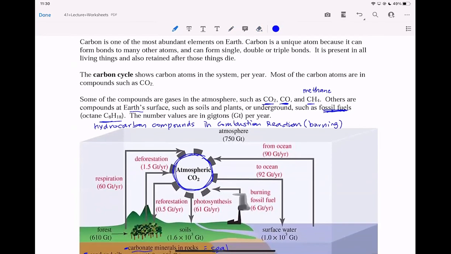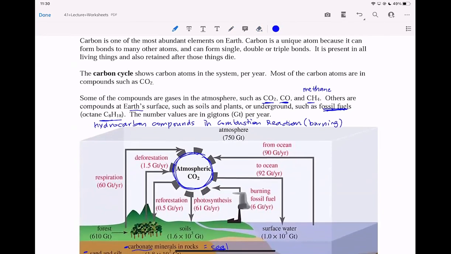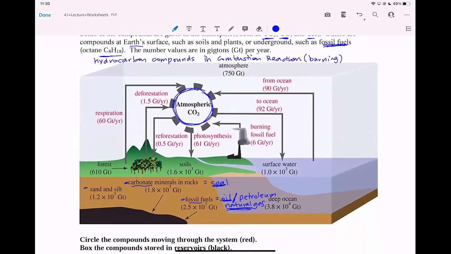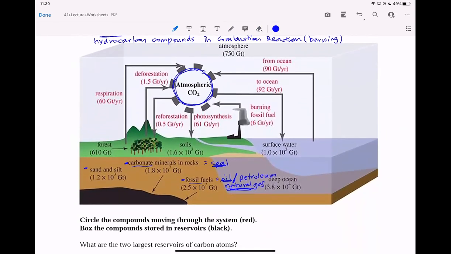And basically underground is not necessarily meant to be moving through the system, but we are moving it through the system. So let's circle the compounds that are moving through the system. Everything that's moving through the system, we can circle in red. So what's moving through the system? All of this atmospheric carbon dioxide is moving through the system.